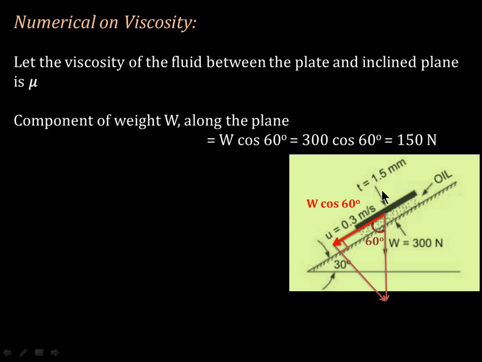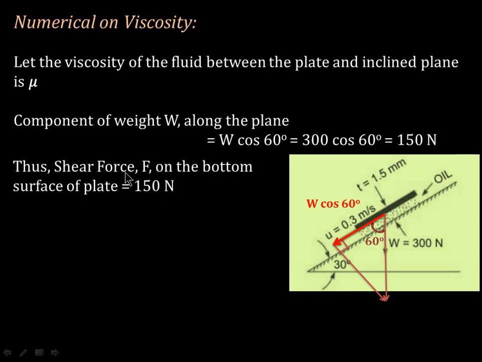By putting the value of W as 300, we get 150 Newtons. Thus, the shear force F on the bottom surface of the plate becomes 150 Newton.